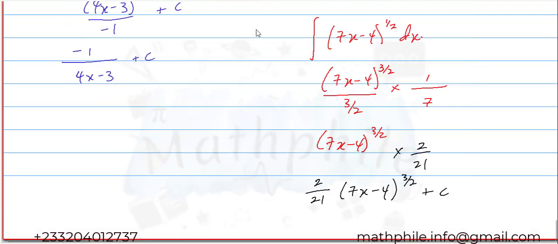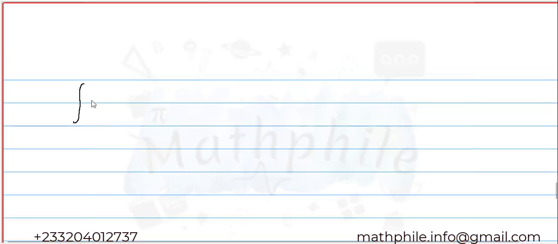So we've done a lot of examples on this, and I think this concept should be fairly easy to understand. It's just moving on from the previous concept that says that if you've got any integration of the form x raised to the power n, this gives you x raised to the power n plus 1 over n plus 1 plus a constant of integration c, where n is not equal to negative 1.